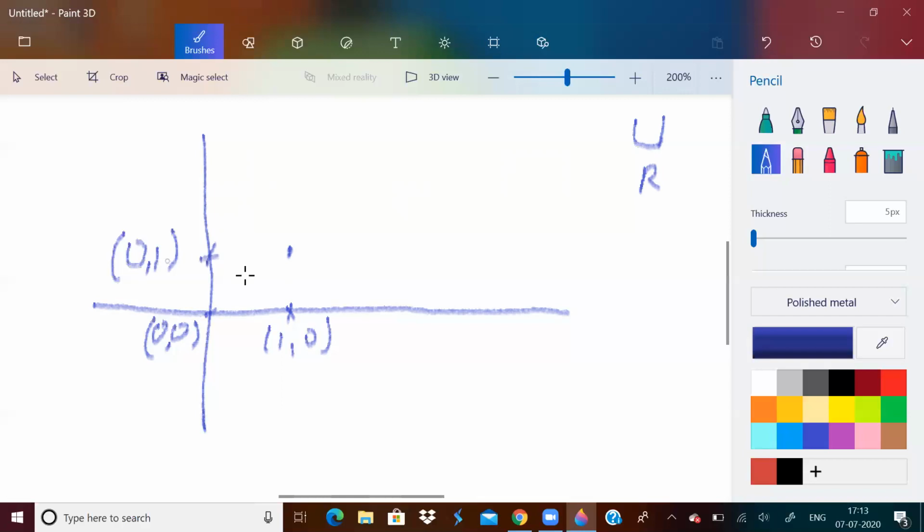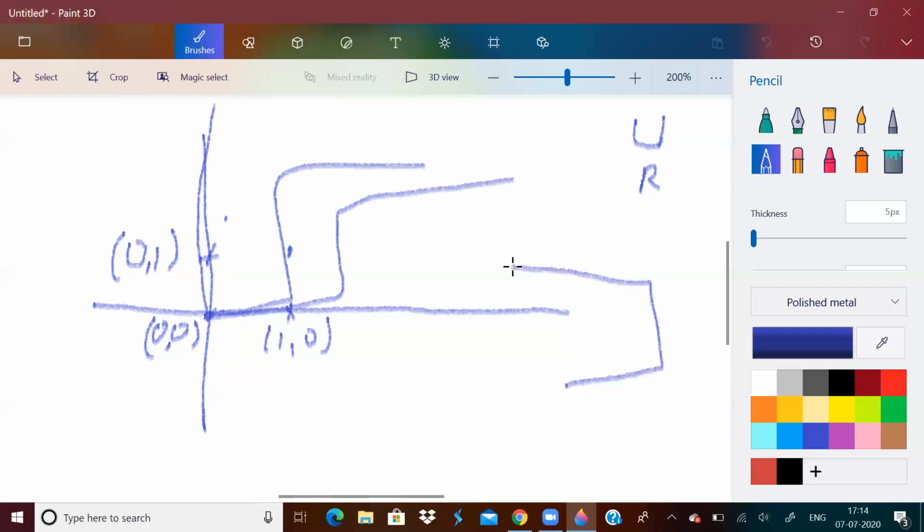You can only collect all n packages when all the packages are arranged something like this. You can only have a path like this, or something like this. You cannot have a path like this. You cannot go left, you cannot go down. It can only be increasing rightward, going upward, or increasing upward, then going rightward.